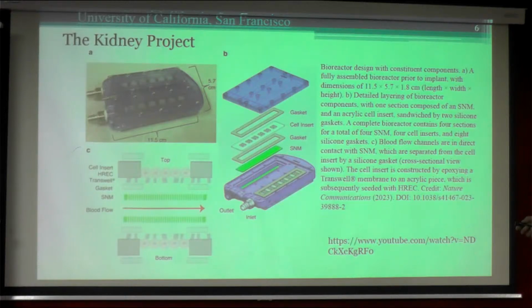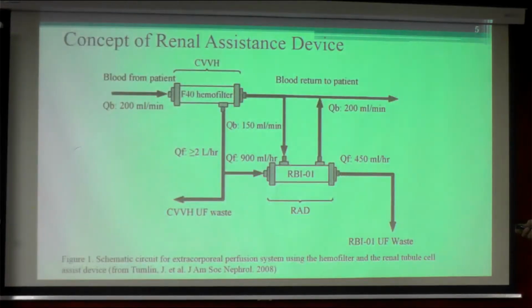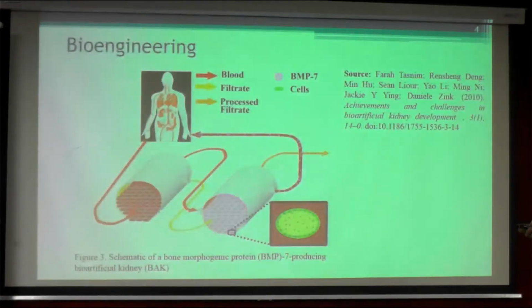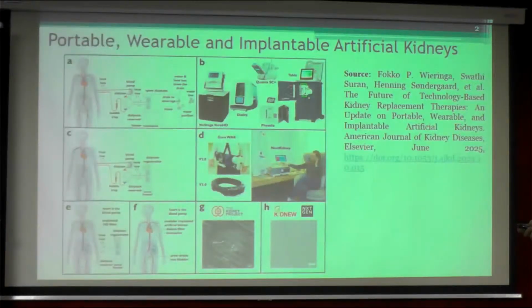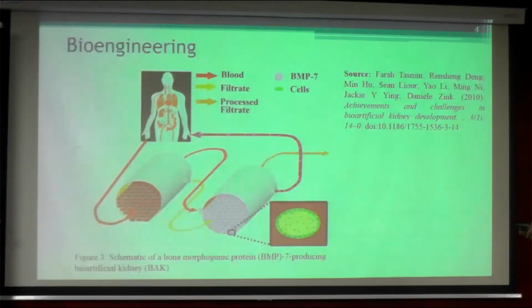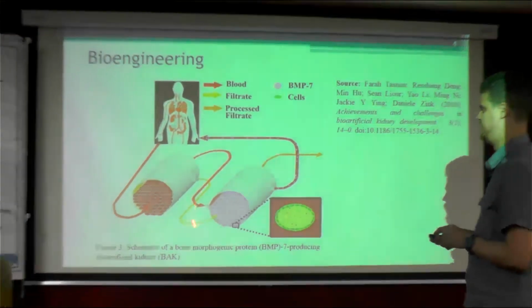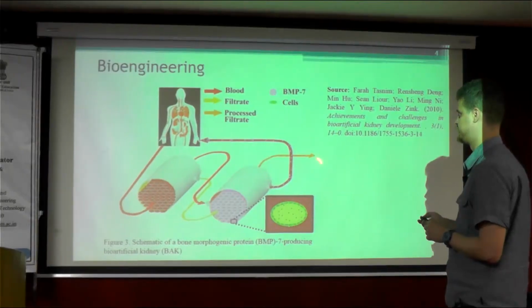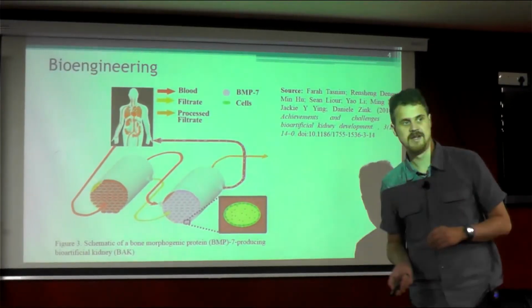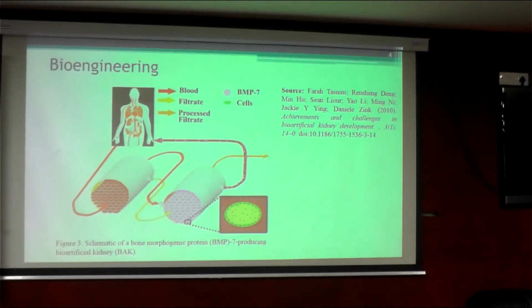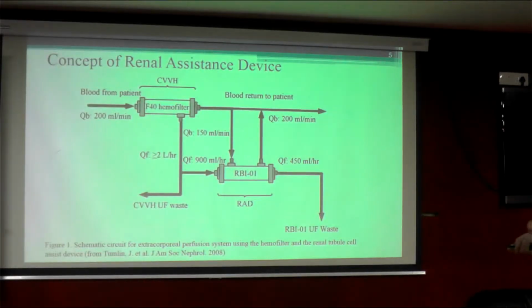And basically, I'm not sure if we have this illustration here. Yeah, probably we do not have. Yeah, we can just talk about this. So we have the hemofilter, we have the bioreactor, and this ultrafiltrate usually goes to the bladder. And that's basically the idea: we implant this kidney in a patient's organism and it operates like a natural kidney.